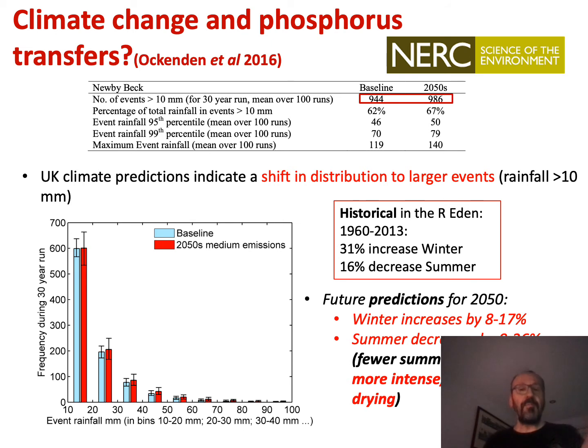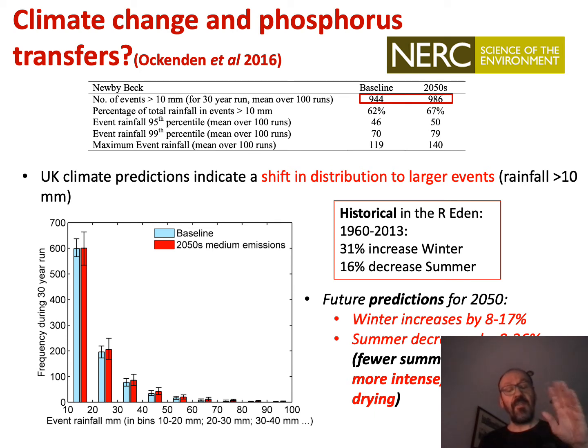And so we had a project which started to look into the patterns of rainfall runoff. Now the interesting thing is that historically, we have shown since the 1960s a 31% increase in winter rainfall, and conversely a 16% decrease in the summer.